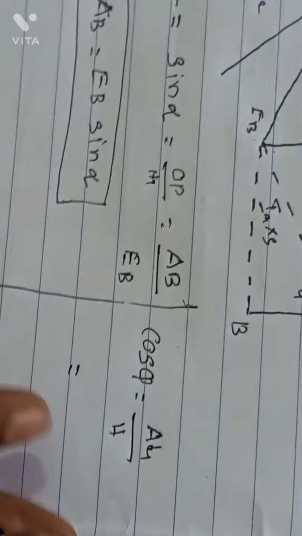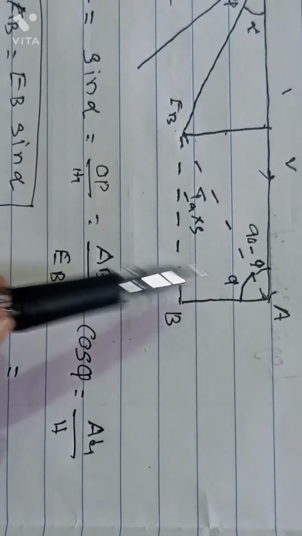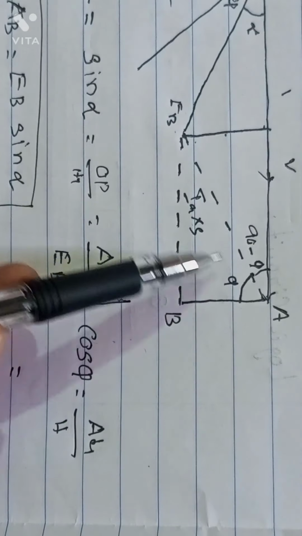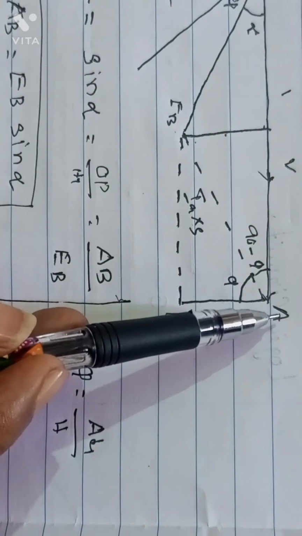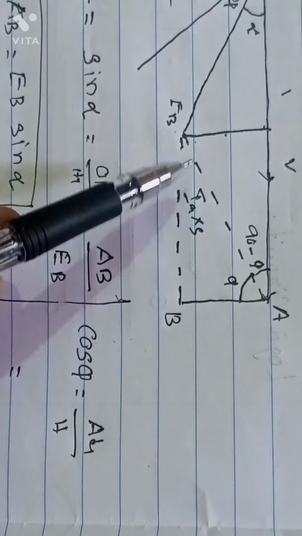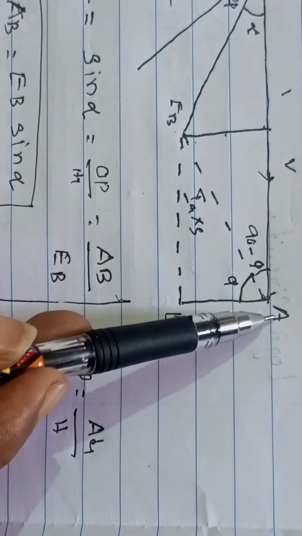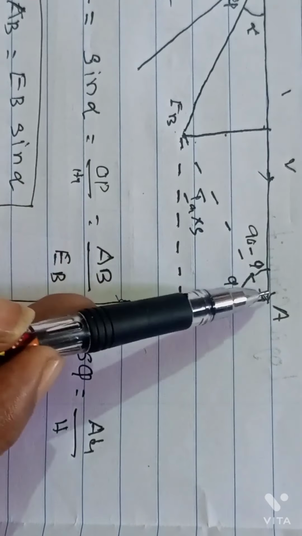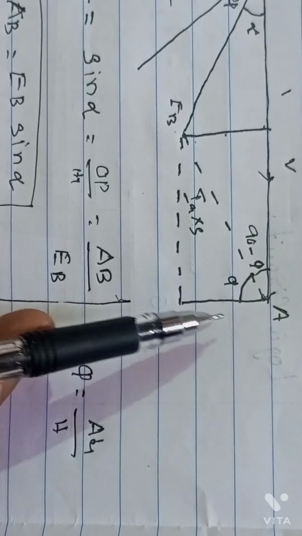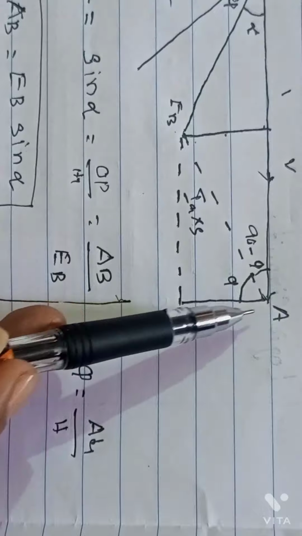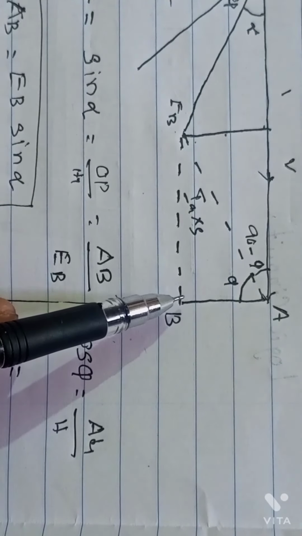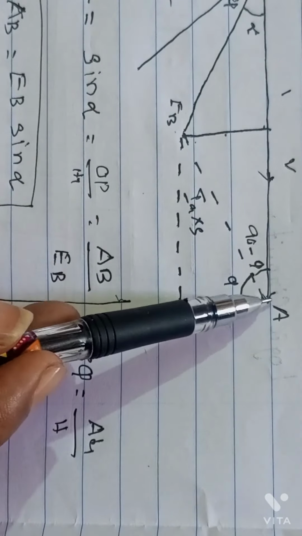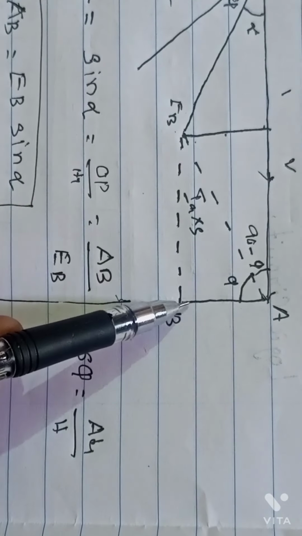Cos phi is equal to adjacent side. What is adjacent side? AB. What is hypotenuse? IA into XS. Are you clear? This is your right angle triangle. So cos phi is equal to AB, the adjacent side, divided by hypotenuse, so divided by IA XS.